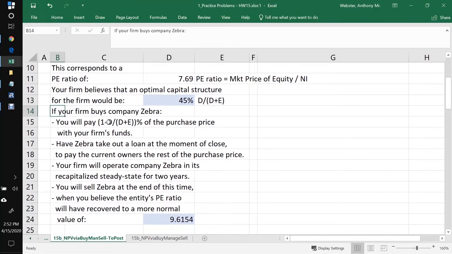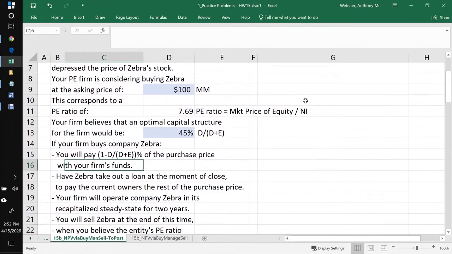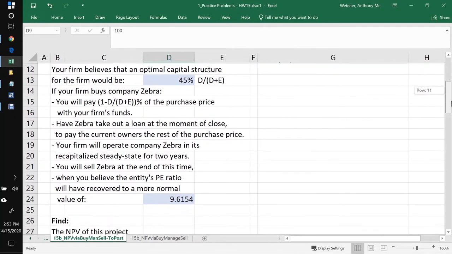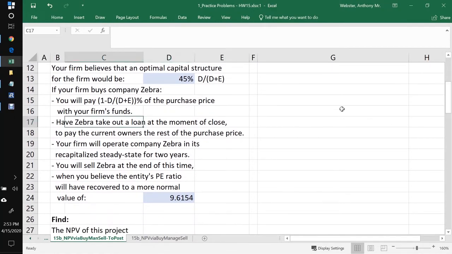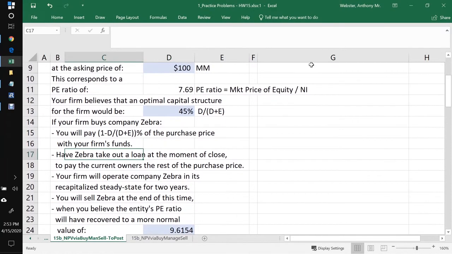If your firm buys Zebra, you're going to pay 55% of the purchase price from your own funds. So that'll be 55 million because the asking price here is 100 million. And then how are you going to cough up the rest of the 100 million that the current owners want?